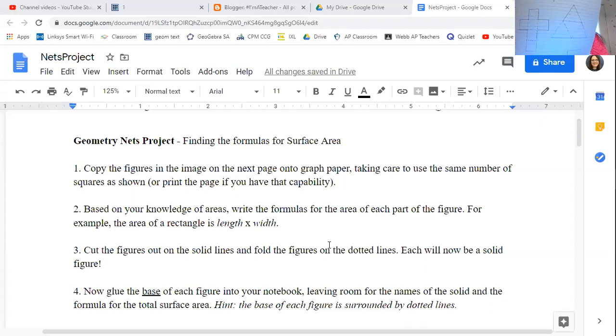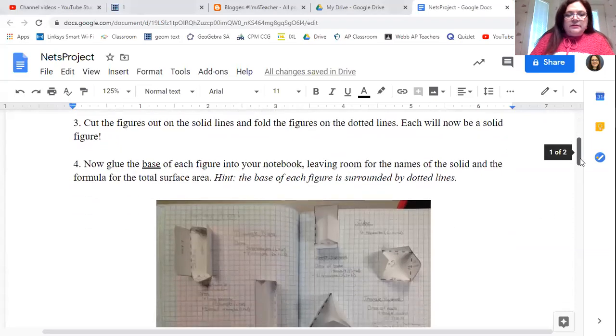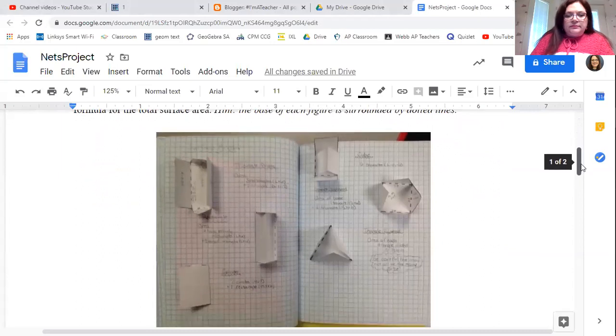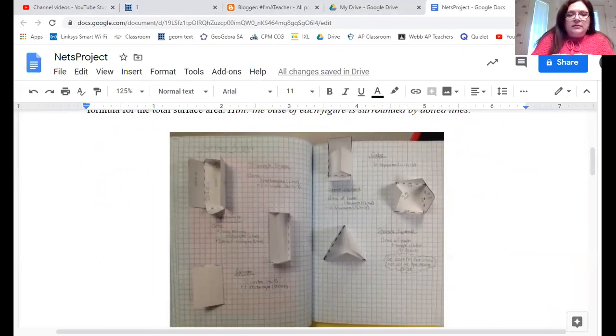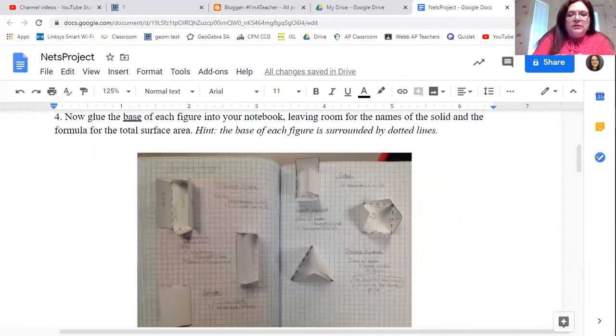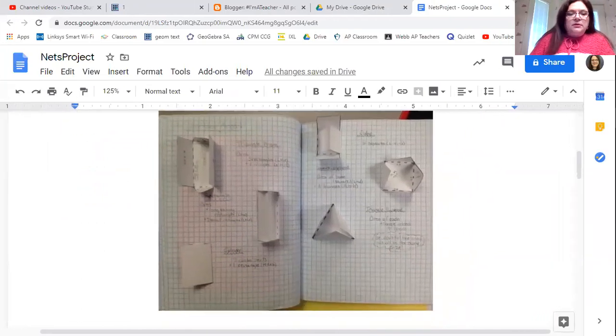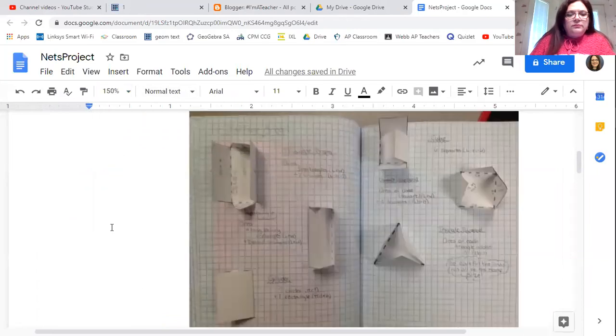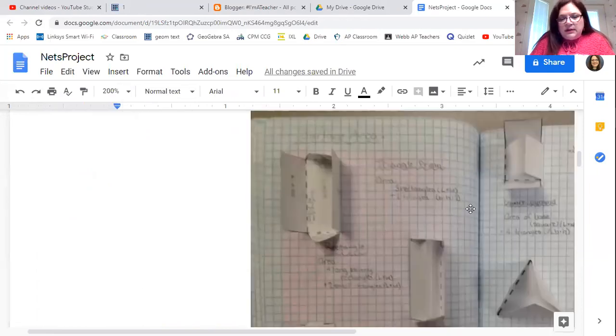So let me show you a picture of what that looks like when you're done. It's gonna look like this. Okay, and I can zoom in, allegedly, I can zoom in. You zoom to 200.